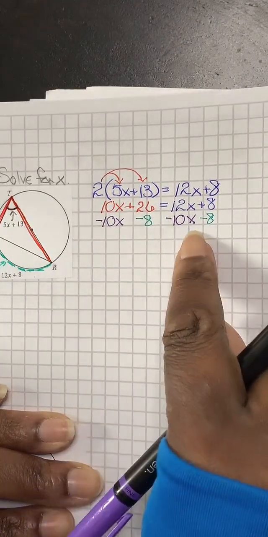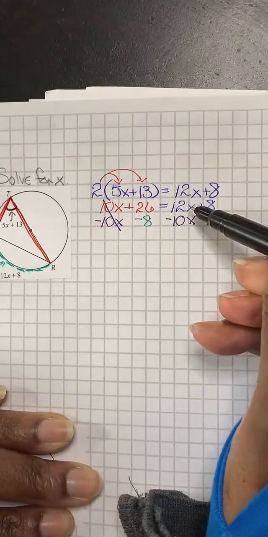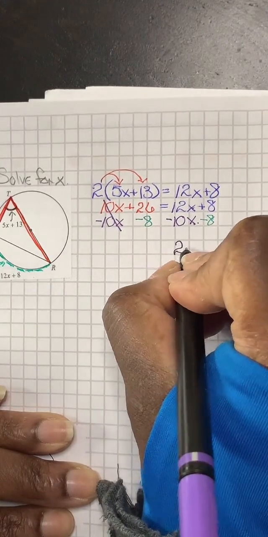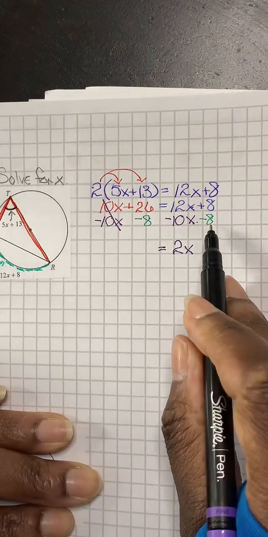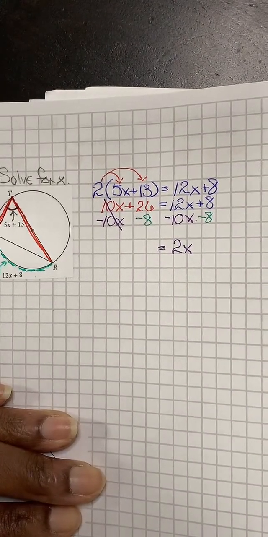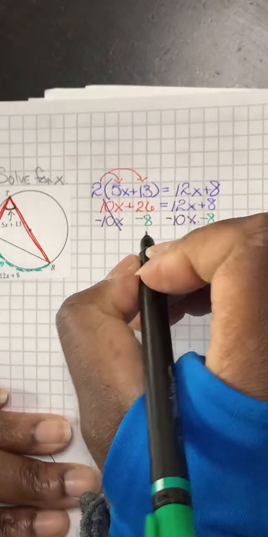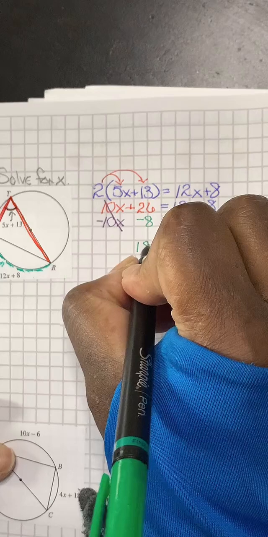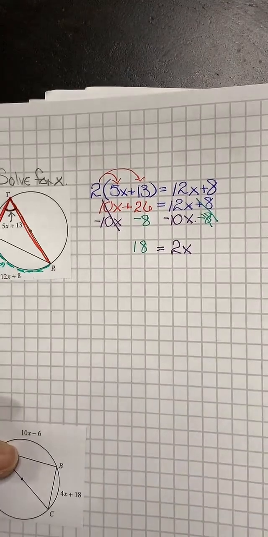So when I move my x's to the right, they cancel out, leaving me with 12x minus 10x, which gives me 2x. And by doing that, I have to subtract the 8 on both sides. So now I have 26 minus 8, which gives me 18, because these will cancel out and these will be 18.